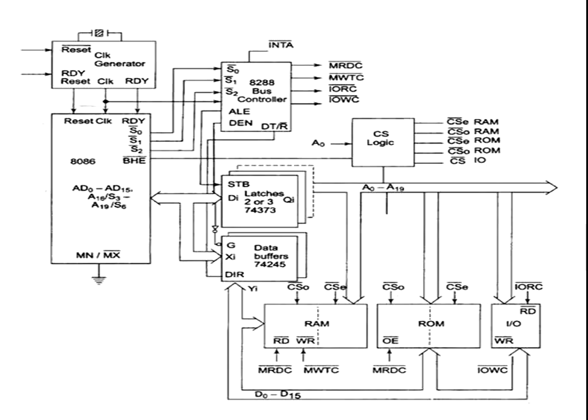Here IORC and IOWC are the IO read command and IO write command signals respectively, and these signals enable the IO interface to read or write the data from or to the addressed port. And MRDC and MWTC are the memory read command and memory write command signals respectively, used as memory read and write signals.